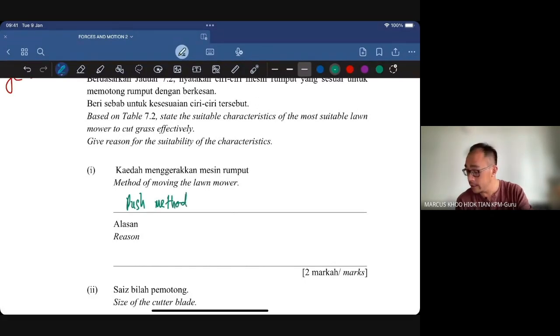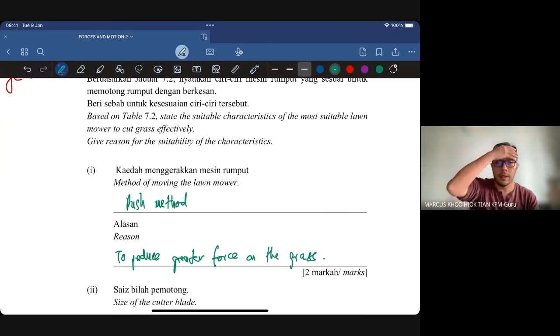The standard answer for the push method is to produce a greater force on the grass, so that you can push the grass more so that it gets cut easily. You don't want to pull it up because if you pull the lawnmower, essentially the cutter will be lifted up. It's very hard to cut the grass.